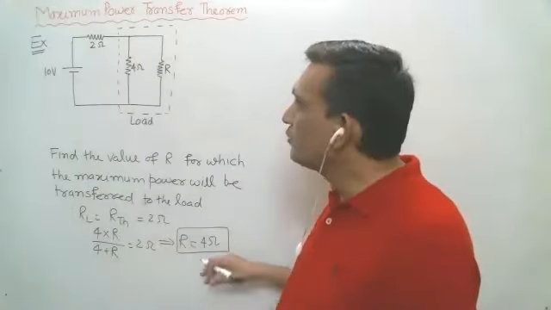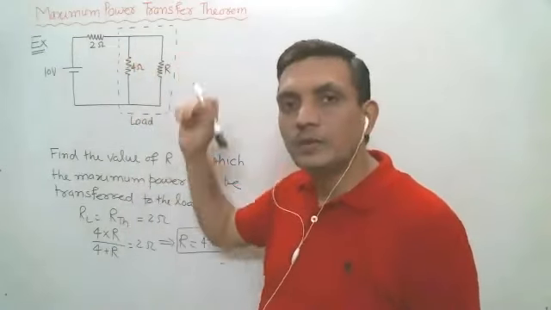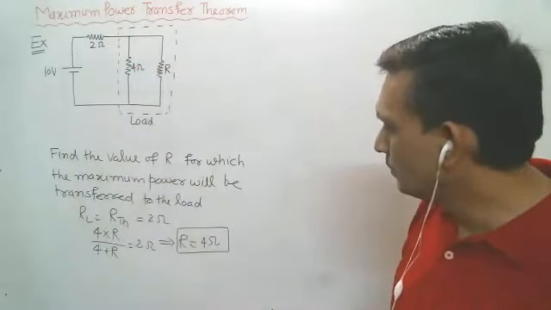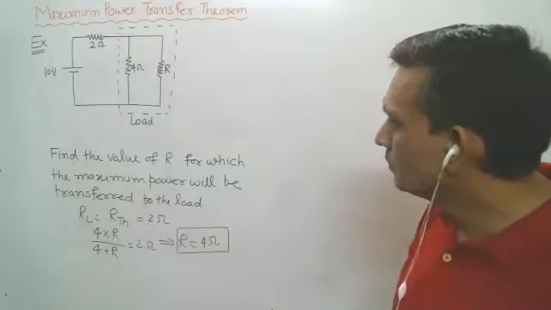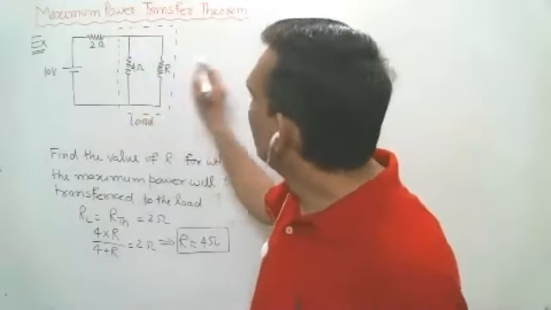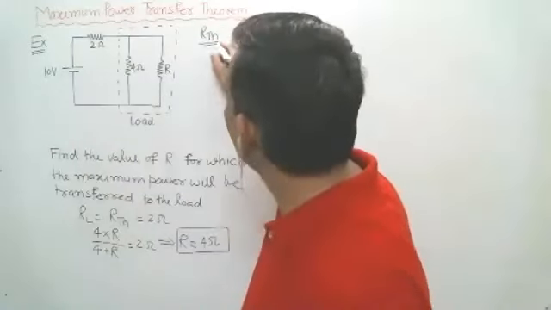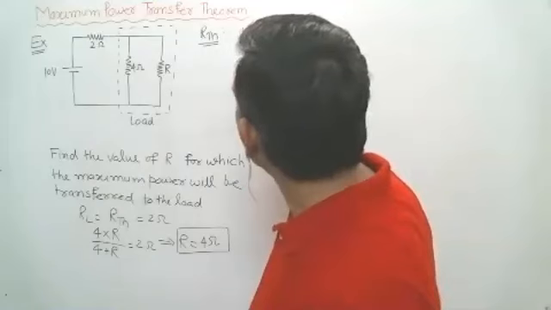So when R is 4 ohm, at that particular resistance, maximum power will be transferred to the load. Sir, why did you take RL equal to RTH? Load RL equal to RTH. In this case, what will be RTH? For RTH, short the voltage source.